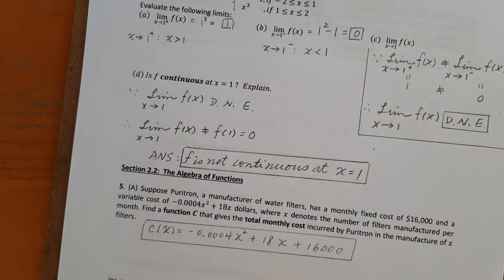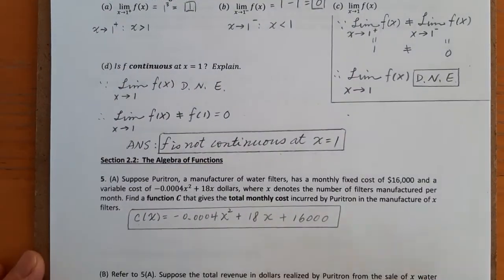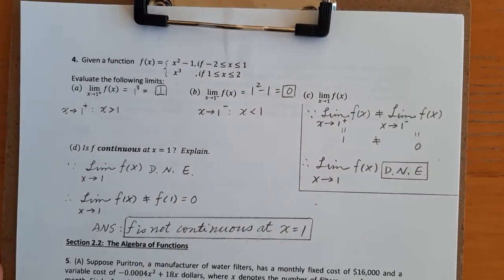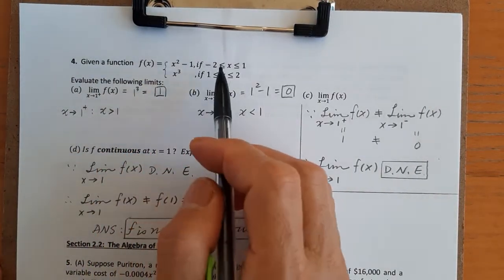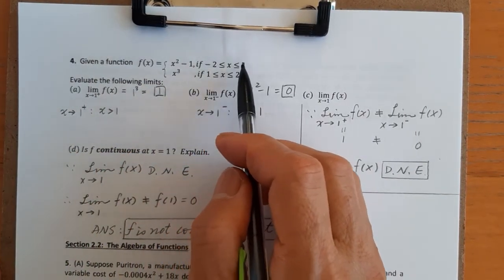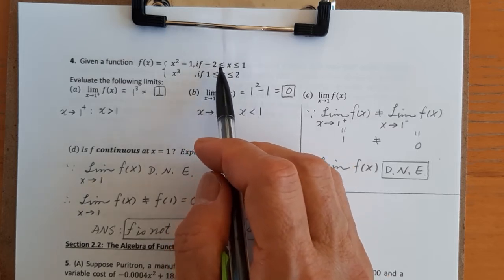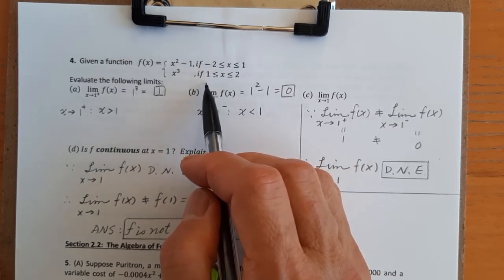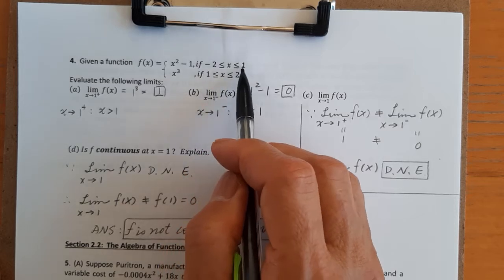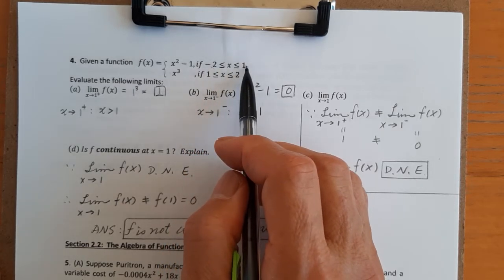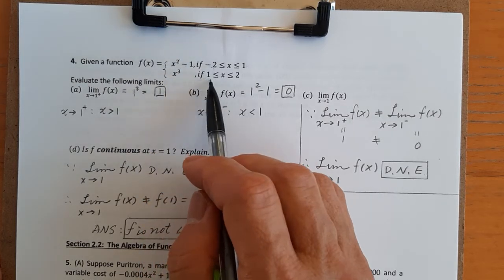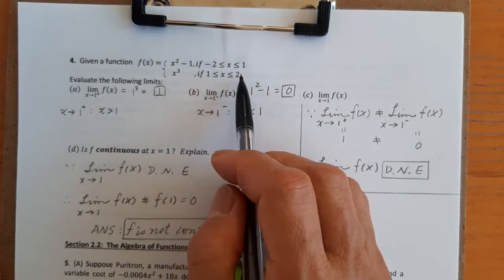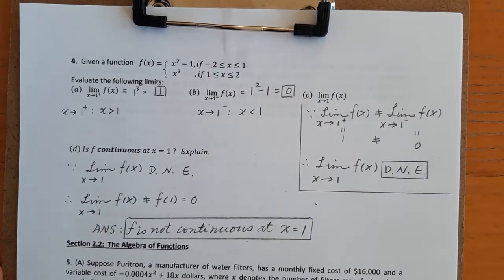The next question is: given the function f of x, when x is from -2 to 1, the function is x squared minus 1. If x is from 1 to 2, the function is x cubed.